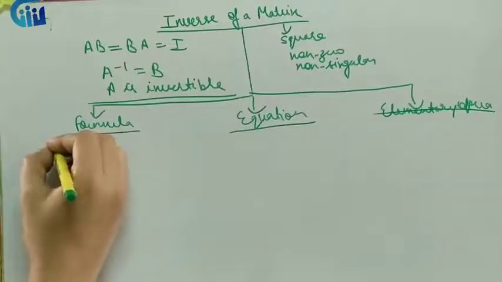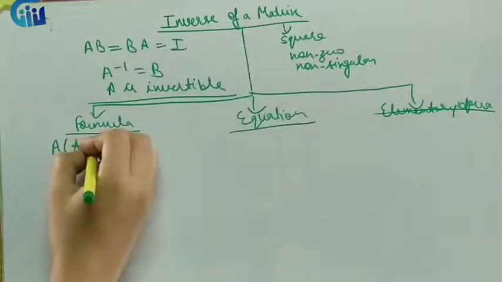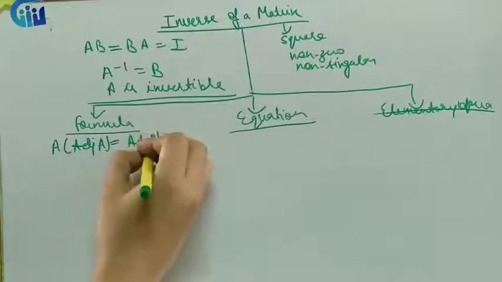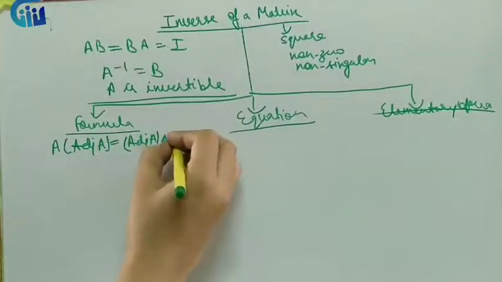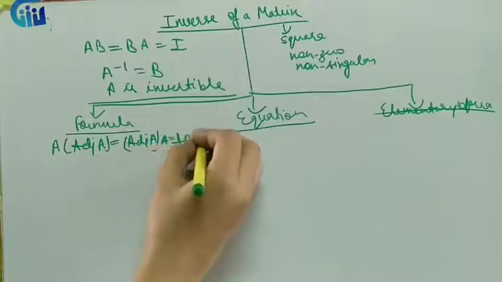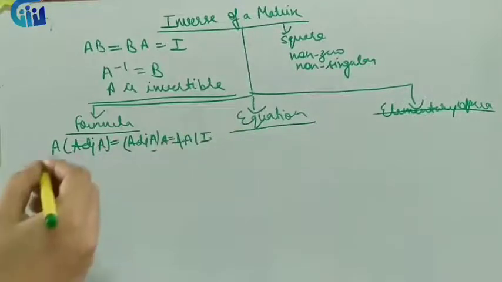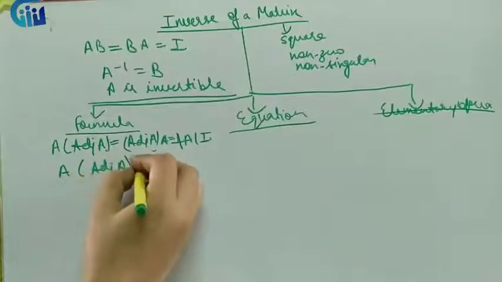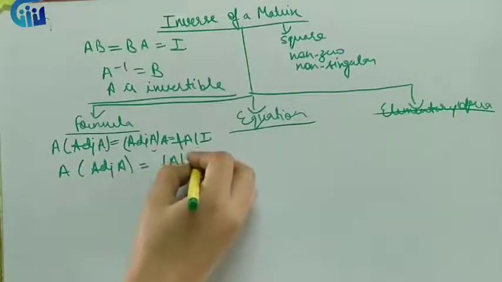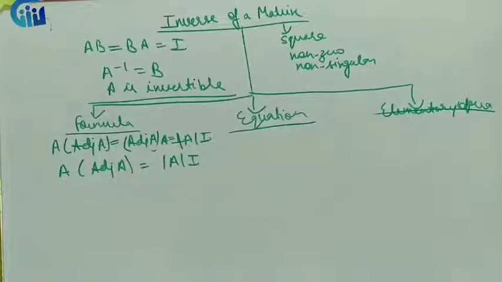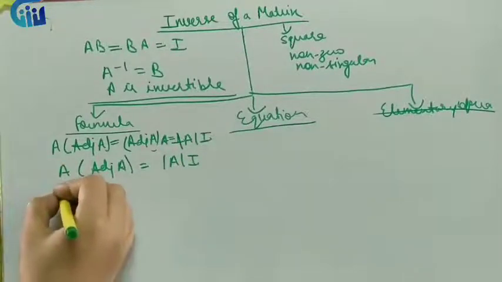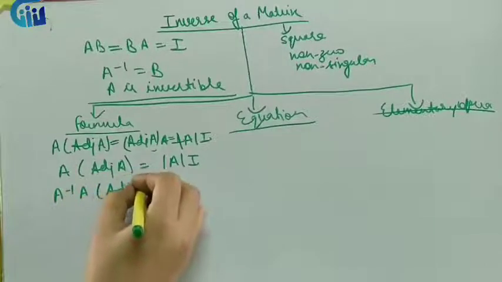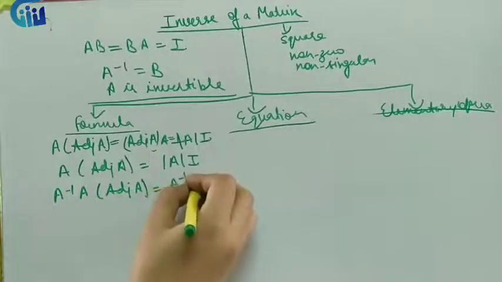So we'll derive a formula. We have done this particular result: A into adjoint A is equal to determinant of A into identity. So I'll take one part. A into adjoint A is equal to determinant of A into identity. Now what I'll do, I'll just pre-multiply both sides with A inverse.